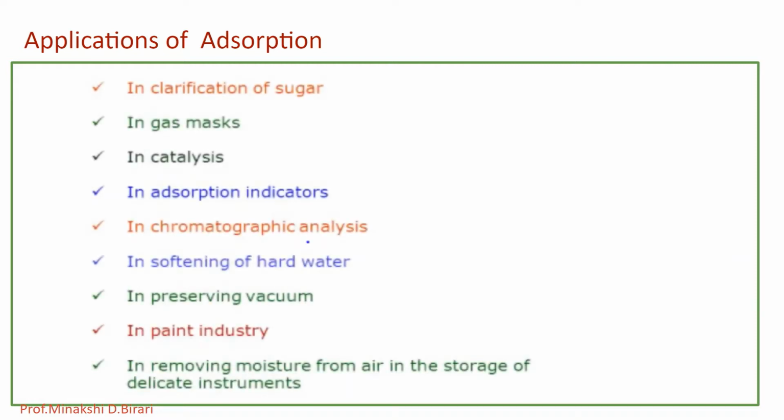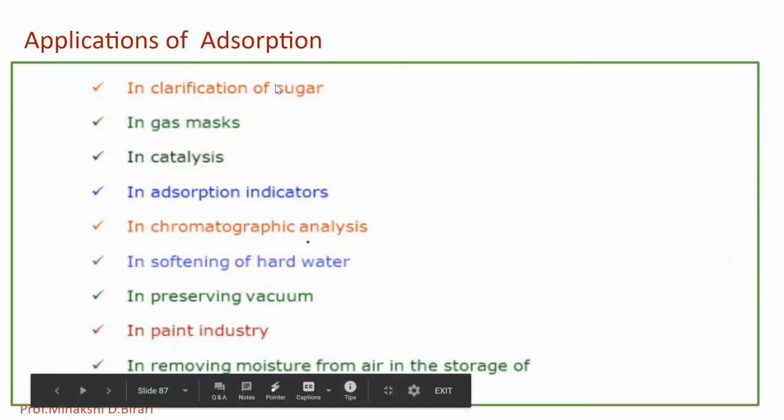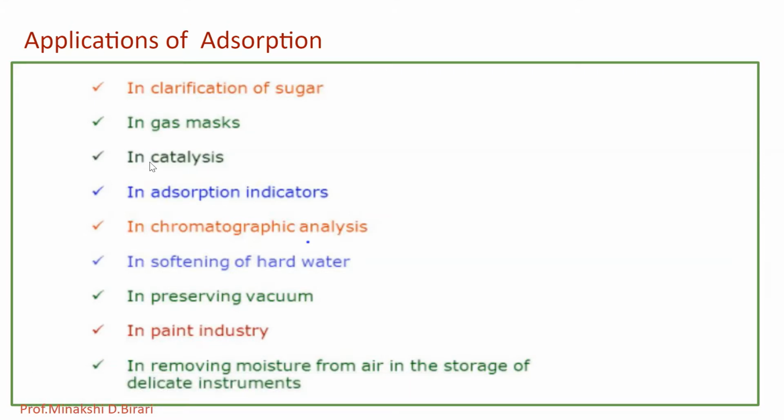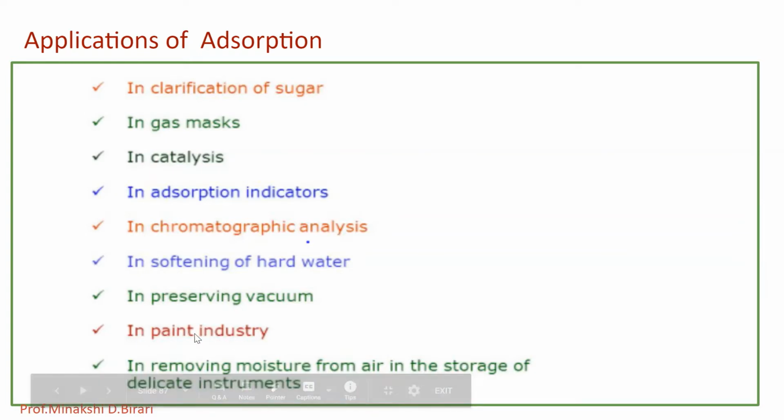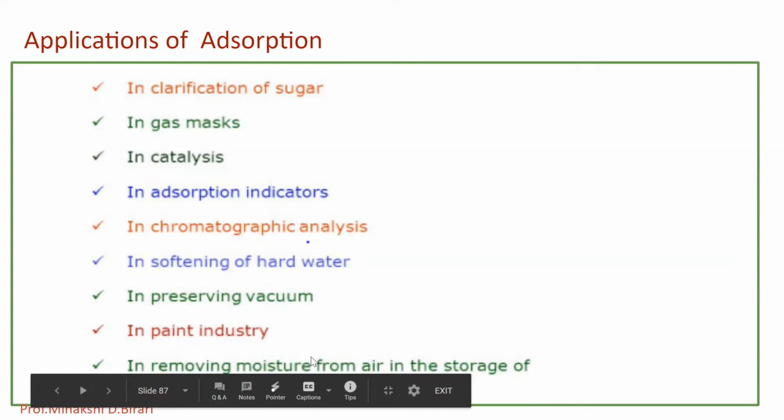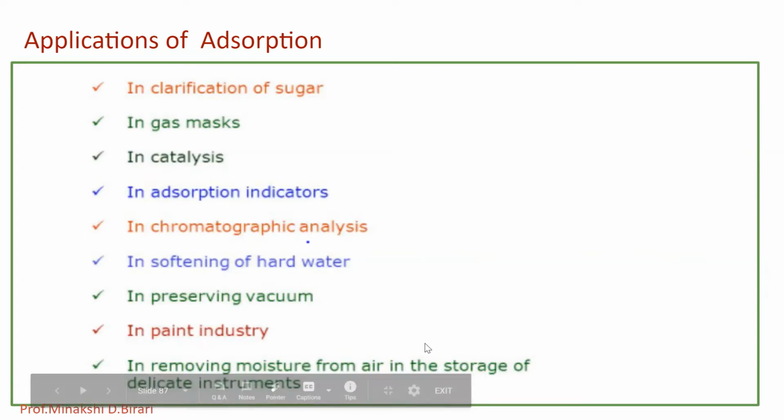Some of these applications are: clarification of sugar, gas masks, catalysis, adsorption indicators, chromatographic analysis, softening of hard water, preserving vacuum, the paint industry, removing moisture from air, and the storage of delicate instruments.